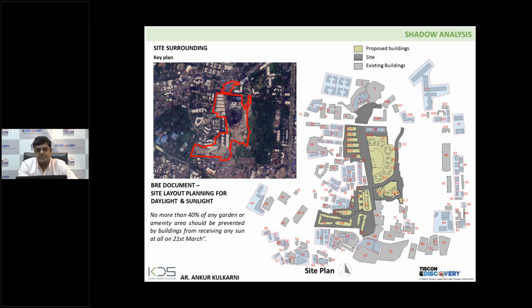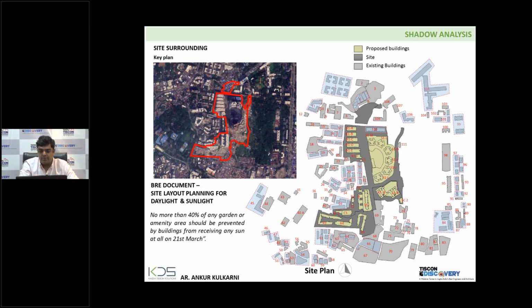So in case you are enjoying good sun from the east and west sides, but because of the proposed buildings coming up in future that is getting blocked, then it is not acceptable. Mainly the shadow analysis is carried out on 3 different days. One is of course 21st March and September, that's the equinox, 21st June where the sun angle is at a very high altitude, and of course 21st December where the altitude angle is comparatively low, and the shadows get cast over a longer length.